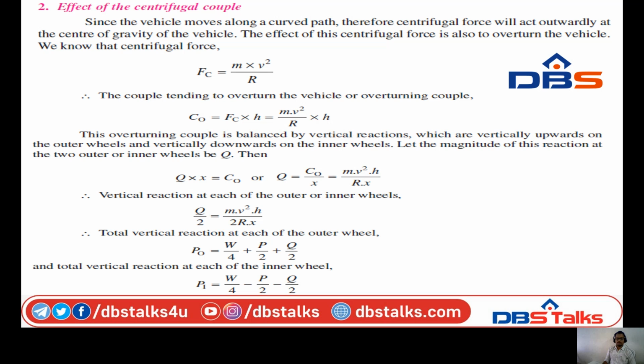The vertical reaction at each of the outer wheels or inner wheels is Q by 2. We are taking only outer wheels or inner wheels; that is the main consideration.